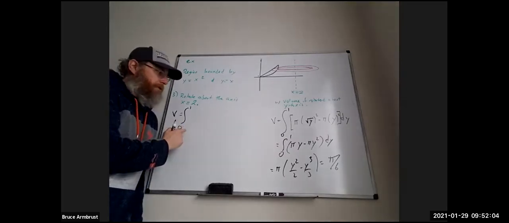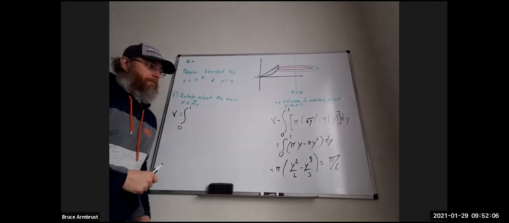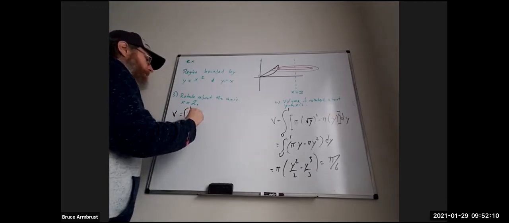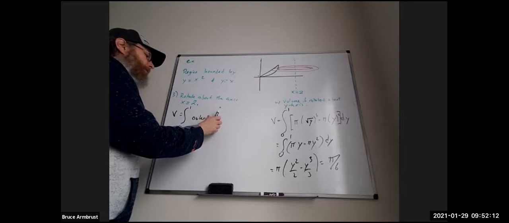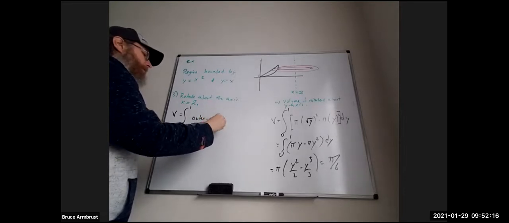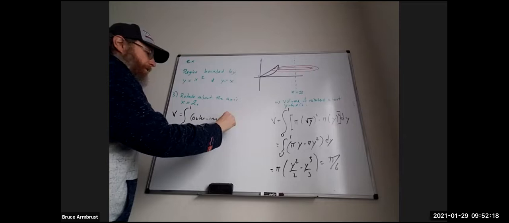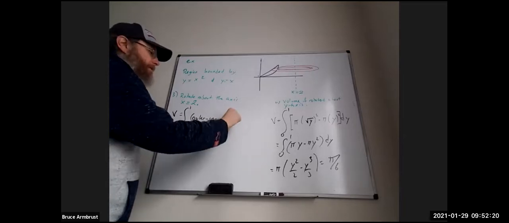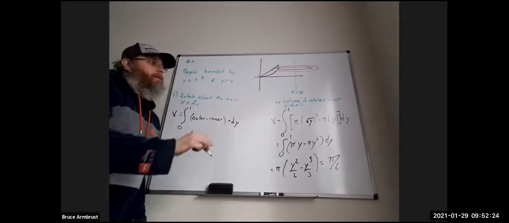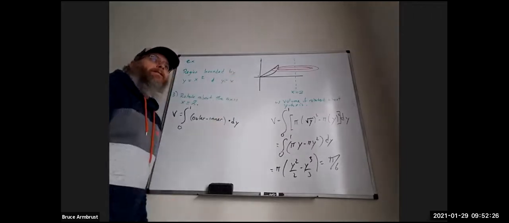So since the region didn't change, it's still going to be 0 to 1. We still need to do outer minus inner. I'm going to write it in words here first. And then once we get those areas, we're going to multiply by the thickness. In this case, the thickness is going to be a dy again, because as we slice, it's a little dy thickness.